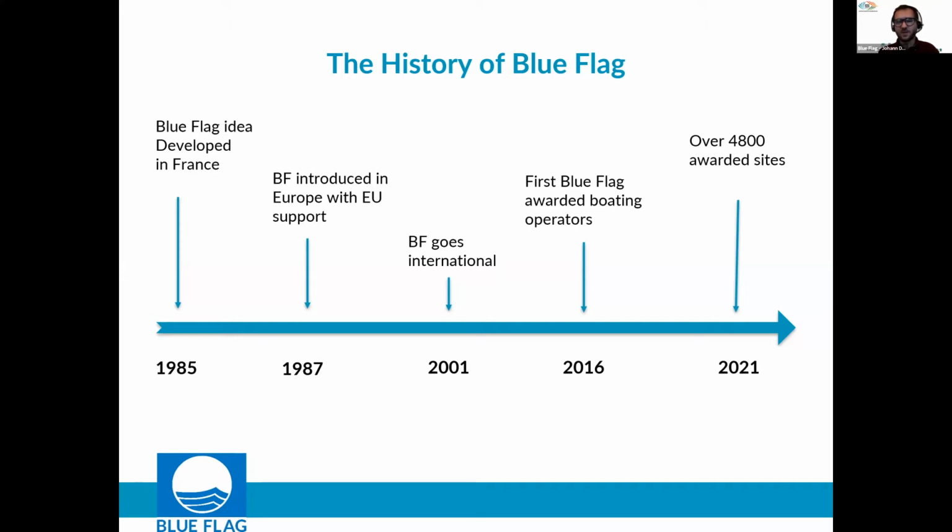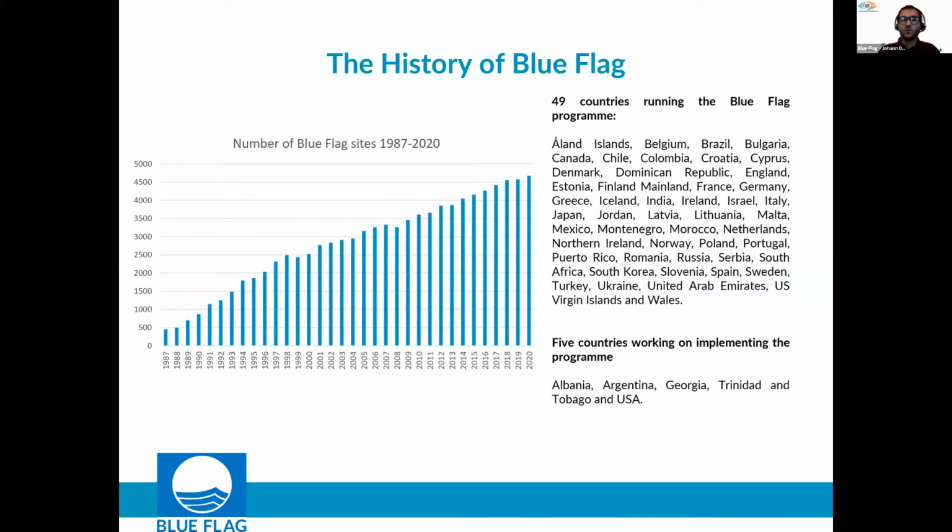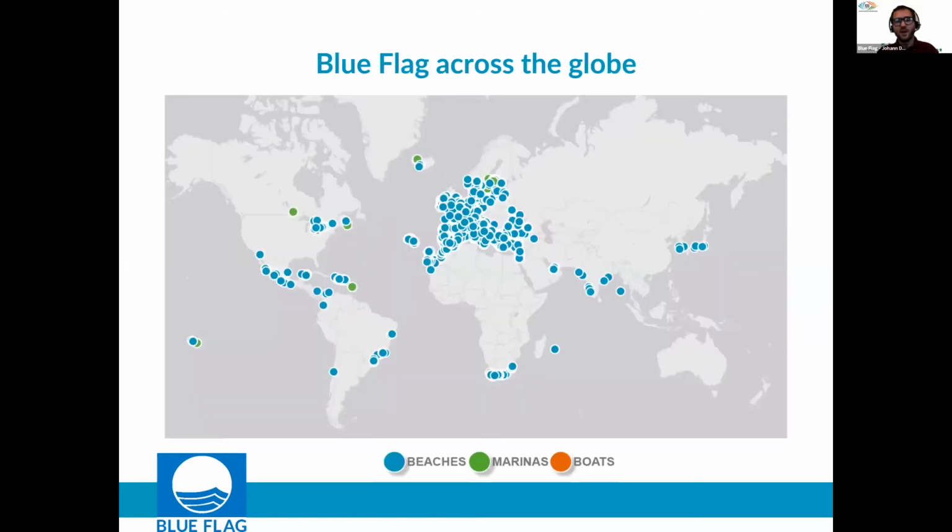And very quickly, 2 years after that, that idea was transformed to promote and provide the very first eco-label looking at sustainable tourism. And today, we have over 4,800 sites flying the blue flag across 49 countries, and more countries implementing the blue flag as we speak. As you can see, we are truly global, so you can find the same standards of excellence in South Africa, in Norway, in India, or in Chile, or all the way up to Canada.